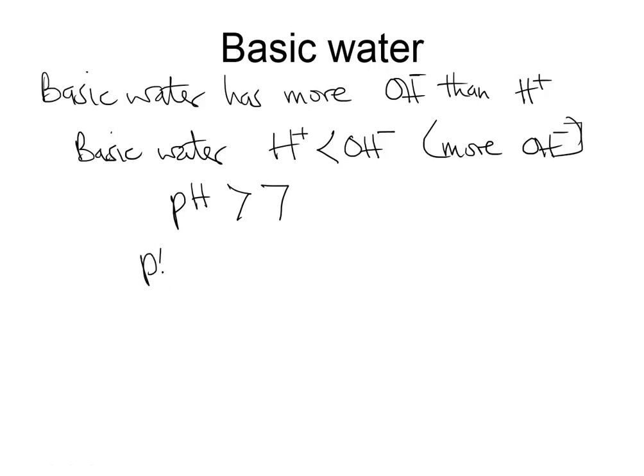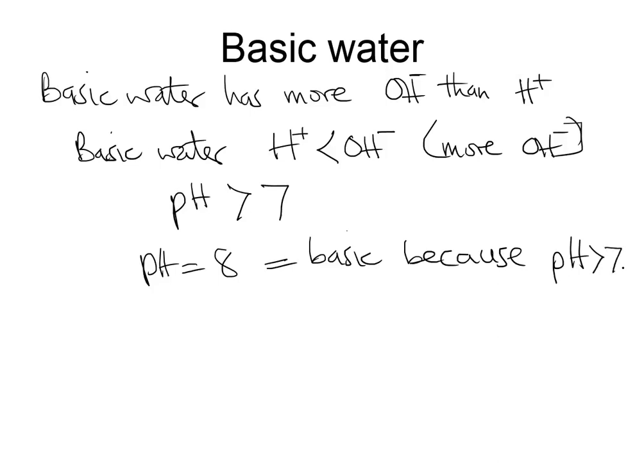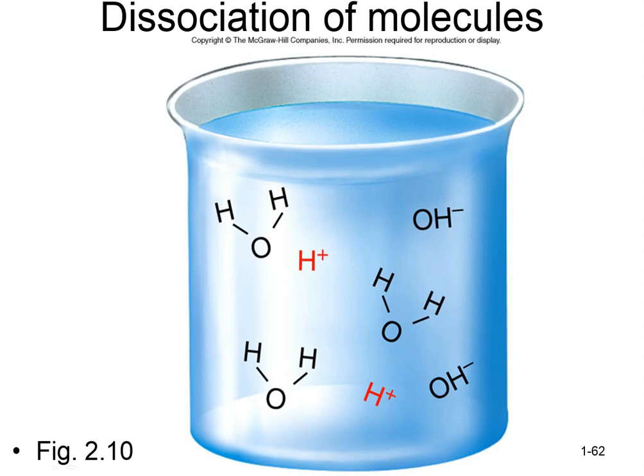So if something has a pH equal to 8, that one is basic, because pH is greater than 7. So this is what we are saying.